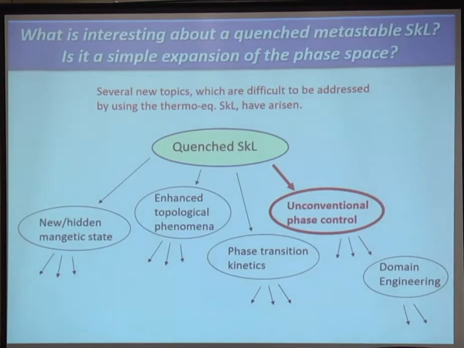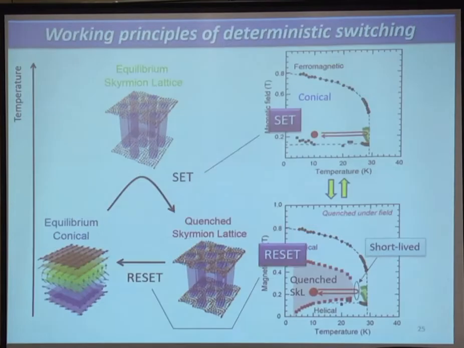Another example of the merit of the quenched Skyrmion lattice is that we could perform an unconventional phase control. This is the working principle. Starting from the equilibrium conical state at low temperatures, if we apply the electric pulse, the sample temperature is rapidly heated up and leaves equilibrium, and then we can get the quenched Skyrmion.